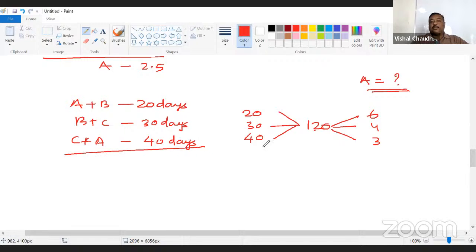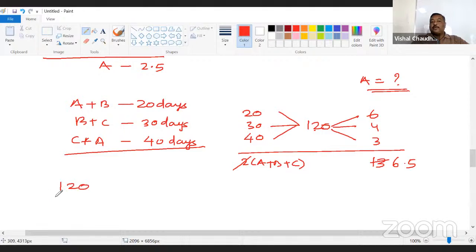Here, what will happen? Twice A plus B plus C, and that is 13. So this is 6.5. Now I have to find A, so I will subtract B plus C, that is 4.